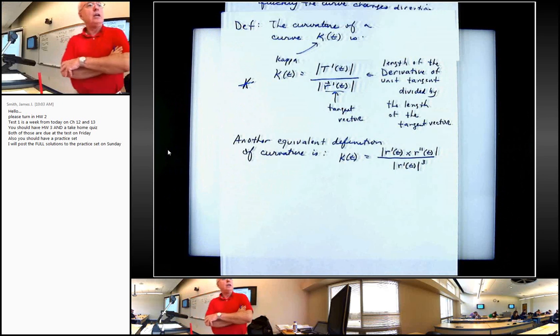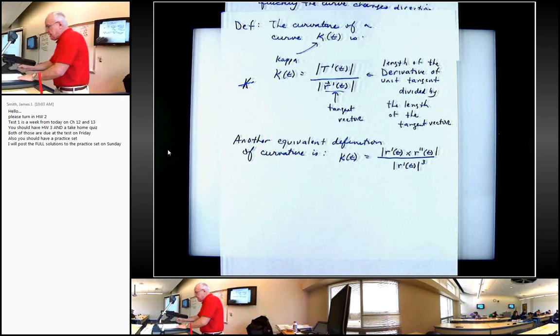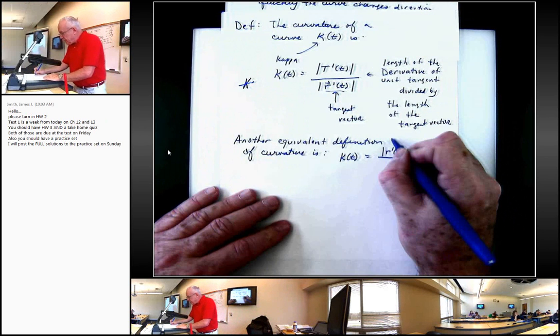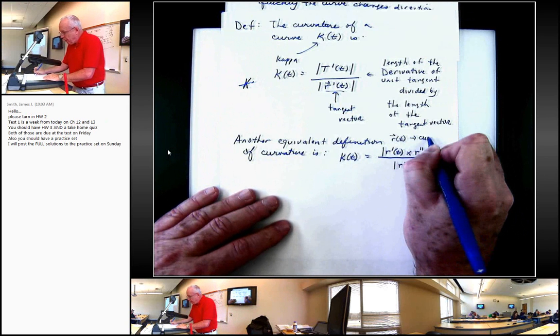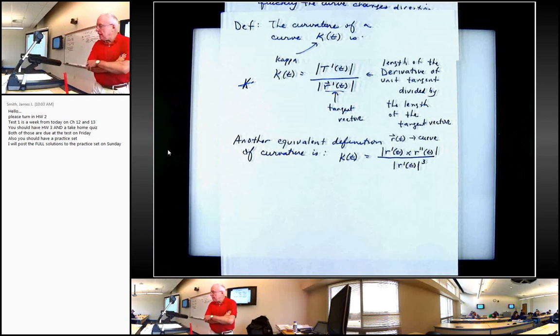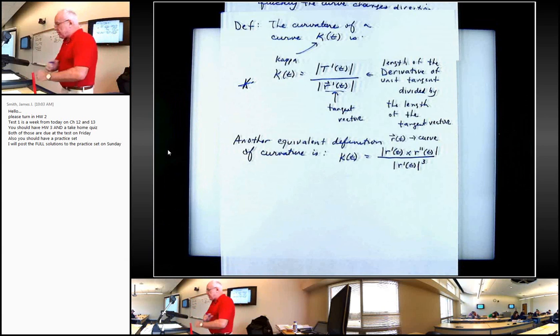All right, so let's look at this. Remember, r of t, that's our curve, and it's actually a vector function.